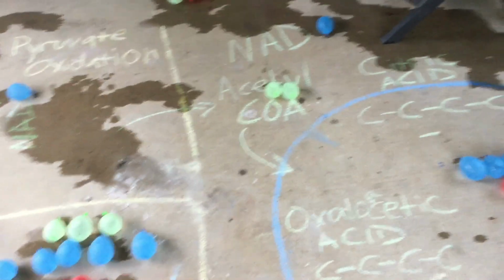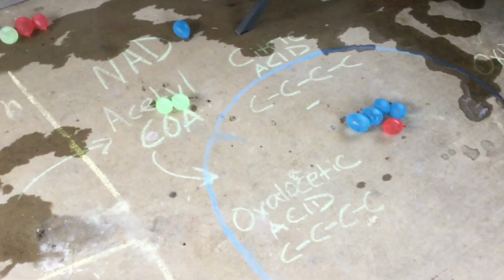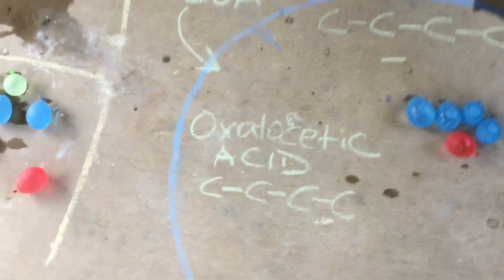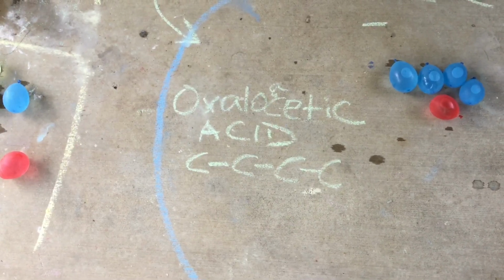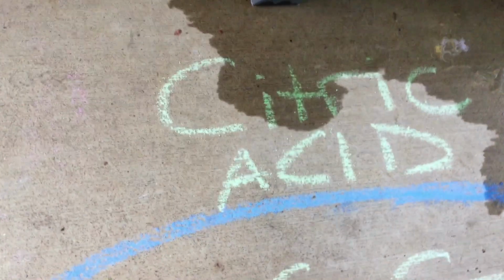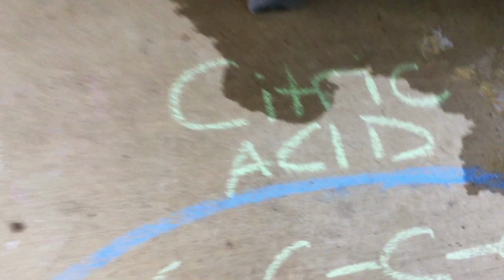All right, so here's where we start the citric acid cycle, or the Krebs cycle. Now this acetyl-CoA will combine with a 4-carbon molecule called oxaloacetic acid. When it combines with that molecule, it becomes another 6-carbon molecule. We're taking these 2 carbons, combining them with the 4 from oxaloacetic acid, and we're going to create citric acid.